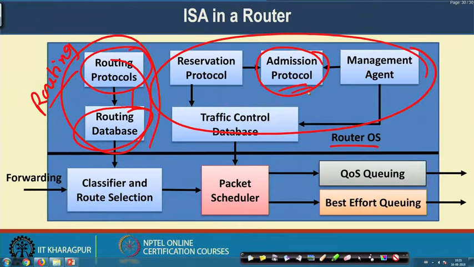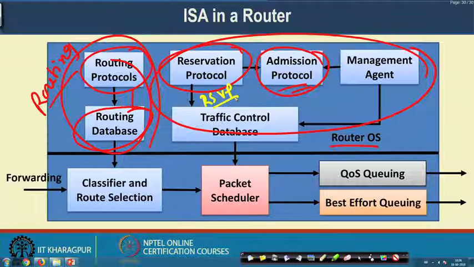Now, this admission control protocol gets input from the reservation protocol. The reservation protocol actually reserves the resources in individual routers through the RSVP protocol that we will look at in a couple of slides. The Resource Reservation Protocol ensures that the resources are reserved in individual routers in the end-to-end path.